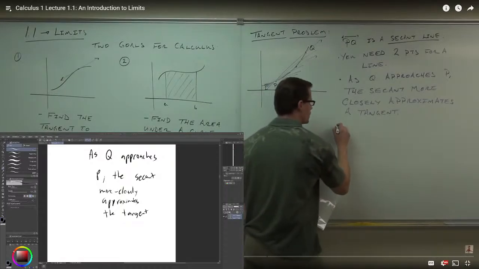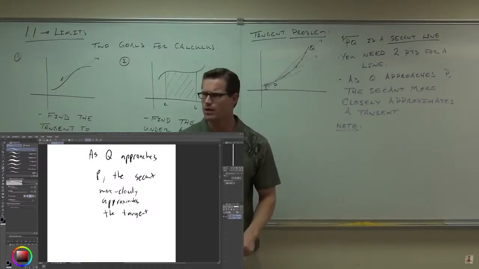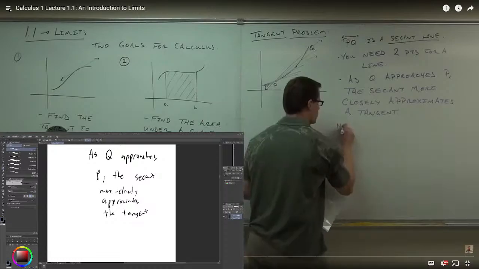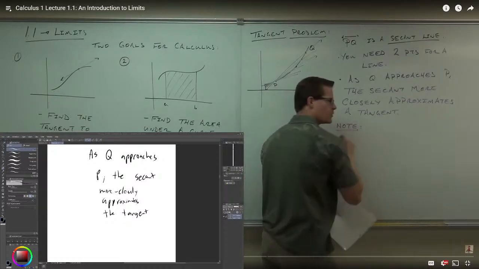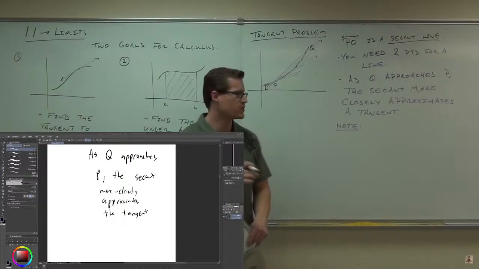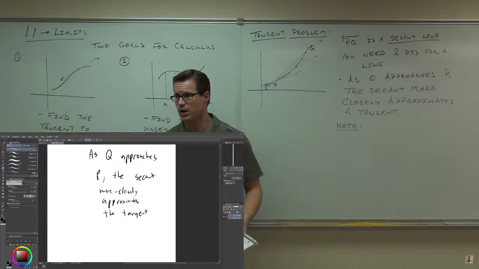One more little note. Why was it that we can't just let Q equal P? Because you have to have 2 points for a line. Why can't we just say, oh, let's move to P? Because there wouldn't be a difference. There wouldn't be 2 actual points, it'd be the same point twice, and that's a problem.